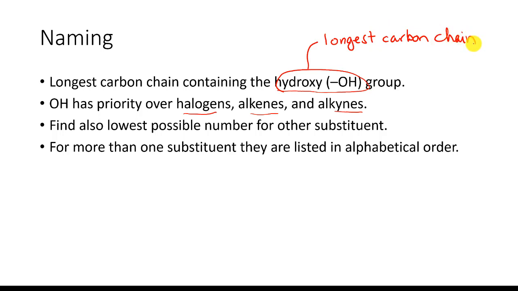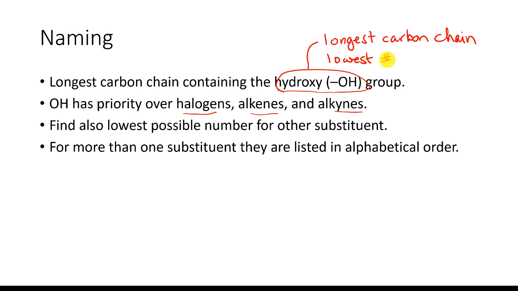And it's also given the lowest possible number on that chain. So that's your first priority, so to speak, of naming alcohols. So find the longest chain containing the alcohol and give the alcohol functional group, the hydroxyl group, its lowest possible number on that chain.